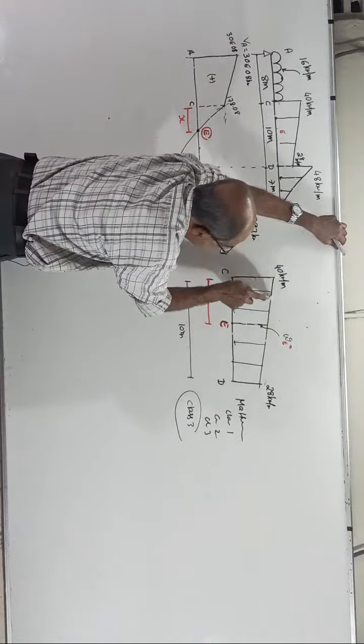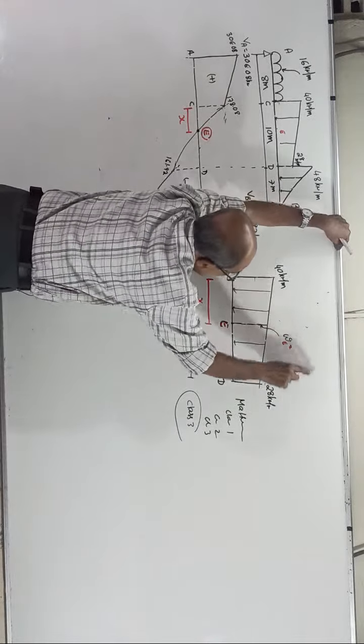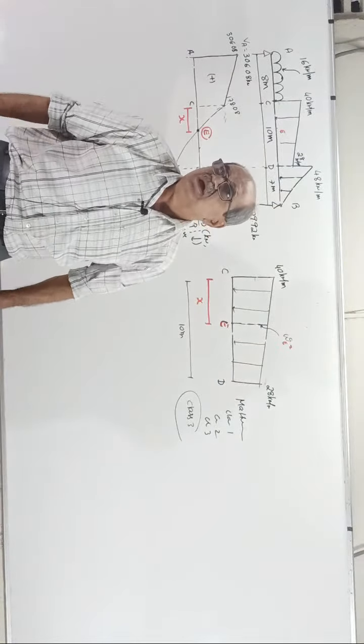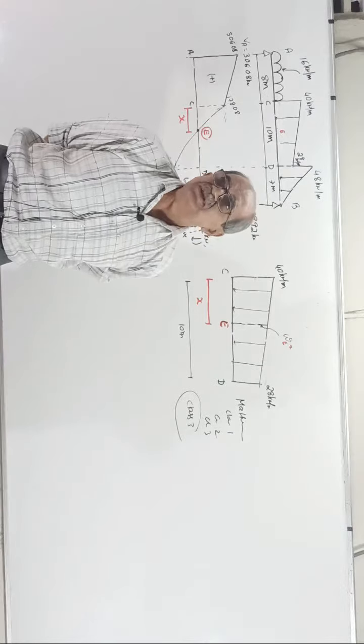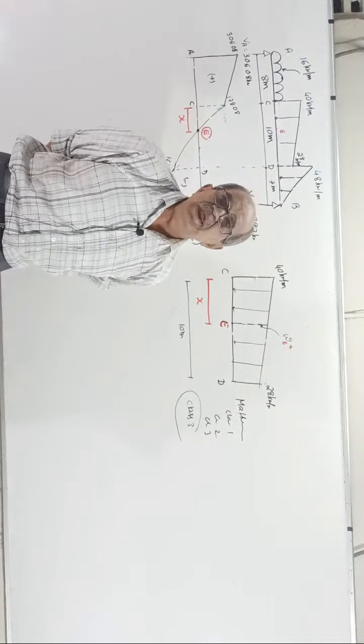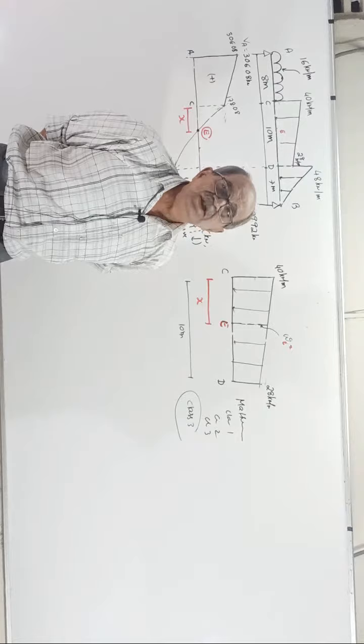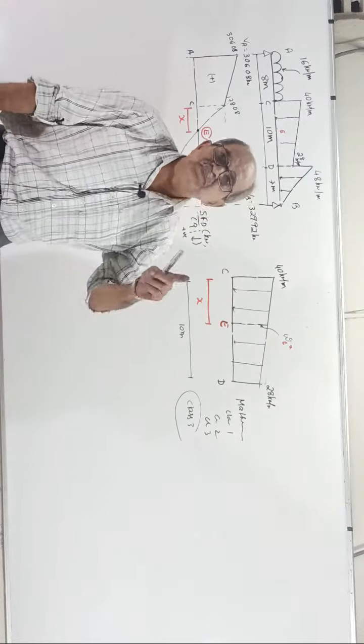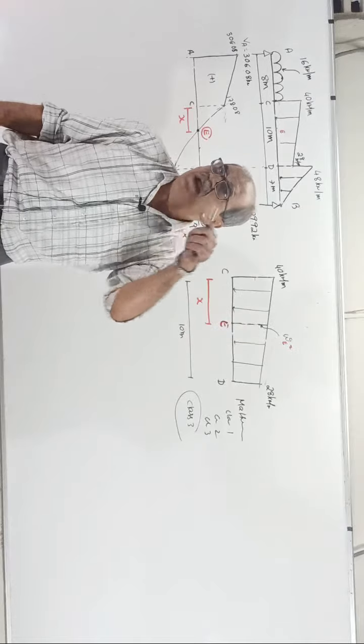I explained what to do when it goes this way, what to do when it goes this way, and also when a table comes. Sometimes in RCC it happens, or in RCC PT tau C variation, or in two-way slab, as Ly by Lx increases, alpha x increases, alpha y decreases.